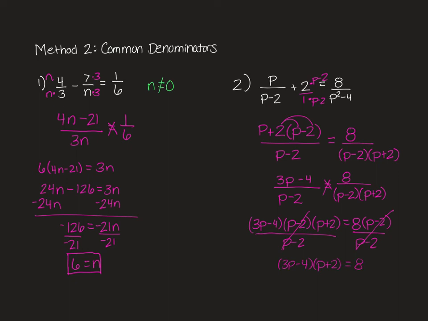I can distribute and FOIL. Okay, and what you get is 3p squared plus 2p minus 8 is equal to 8. I'm going to continue this on the next page.